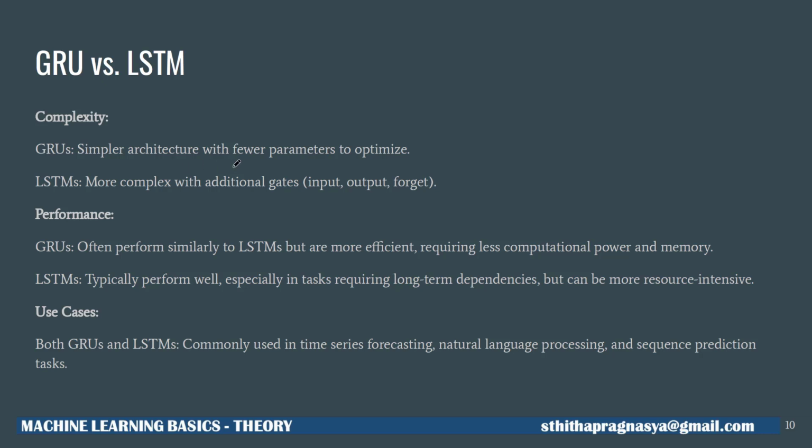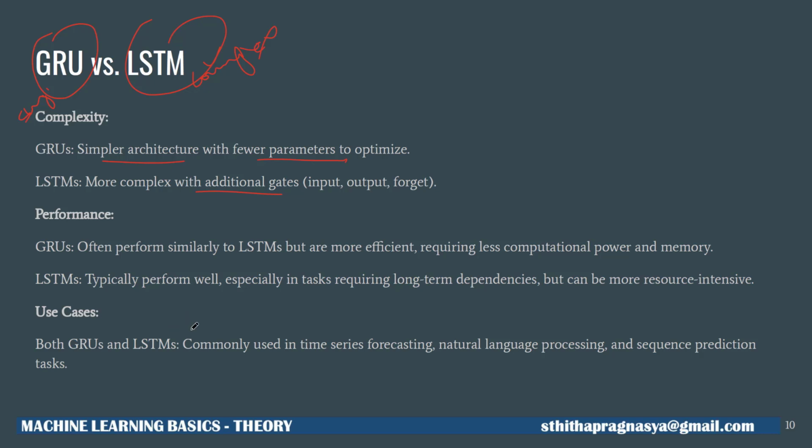Okay, I also said I am going to show you GRU versus LSTM because both are interchangeable. One is simpler and the other is more complex. As it says here, GRU has a simpler architecture with fewer parameters to optimize, while LSTM is more complex with additional gates. Performance-wise, GRUs often perform similarly to LSTMs, but may require less computational power and memory, making them more efficient in some scenarios.